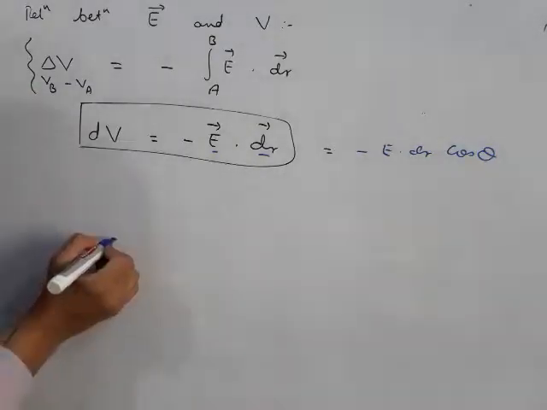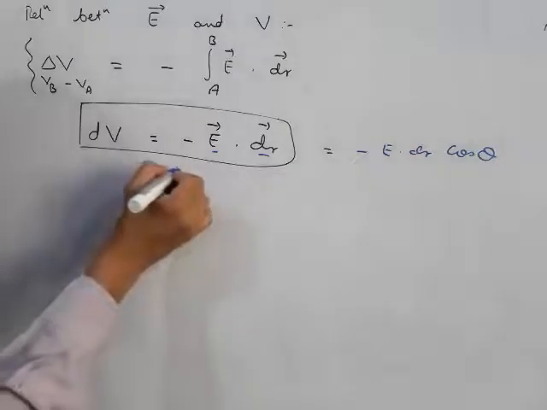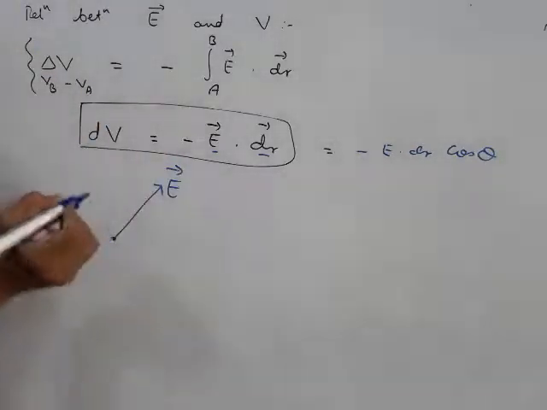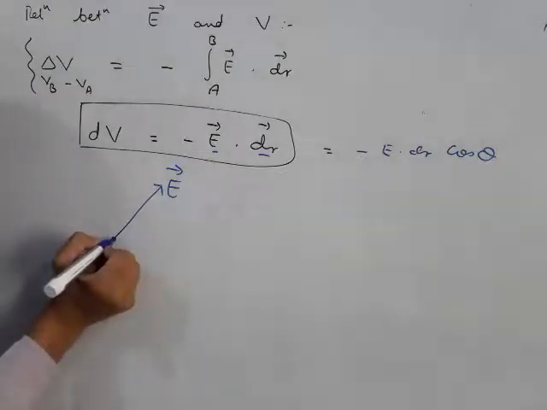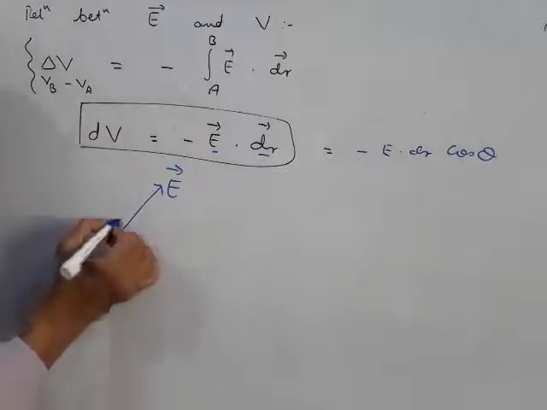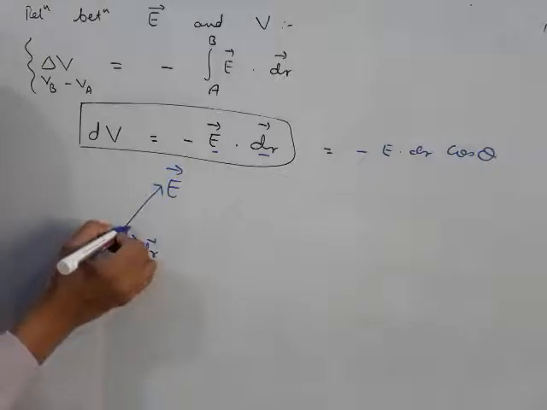At that point electric field is like so. This is the direction of electric field. Any point. Electric field due to any charge configuration. Now at this point, suppose I move by a very small displacement, say dr vector, in some direction. So this is dr vector, and this angle is how much?